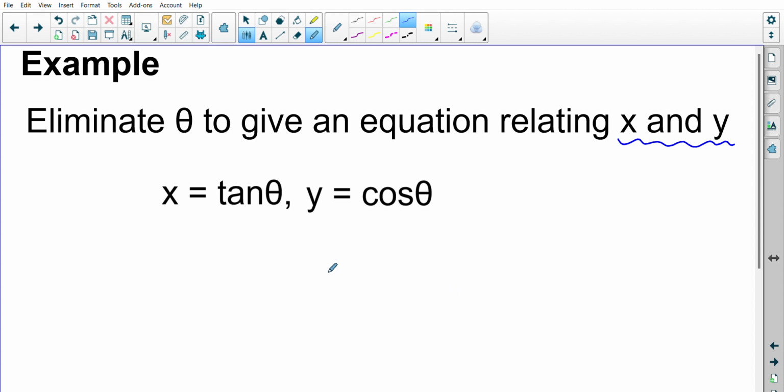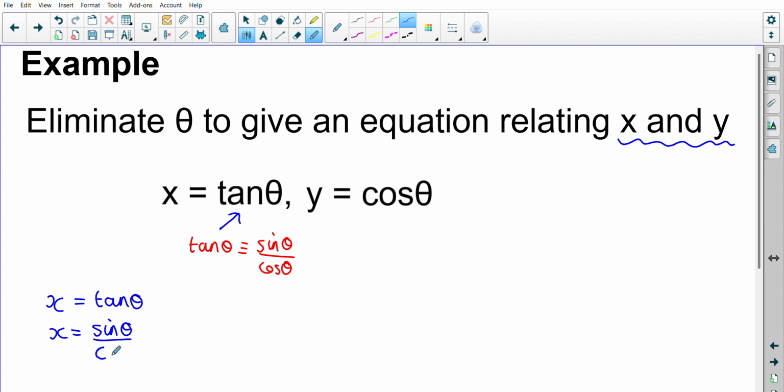The first thing I'm thinking is that I can rewrite tan theta using one of the identities. Tan theta equals sine theta over cos theta. So that will be part of my steps. X, I'll write it down, can change to sine theta over cos theta. Now, cos theta equals y.